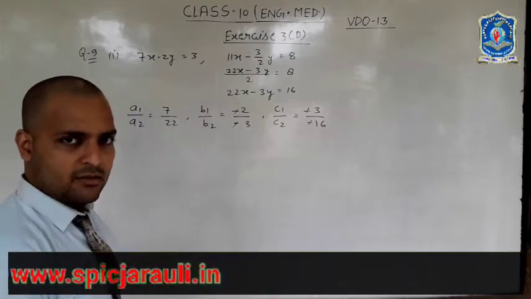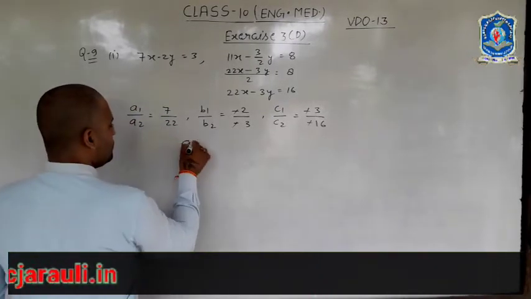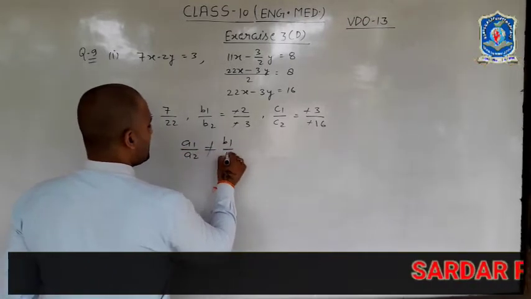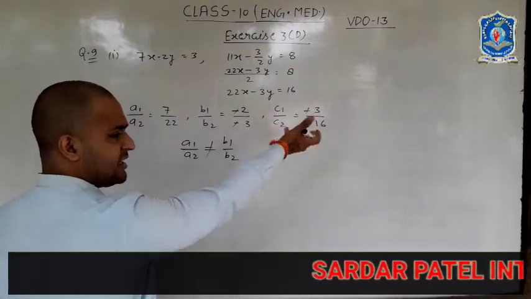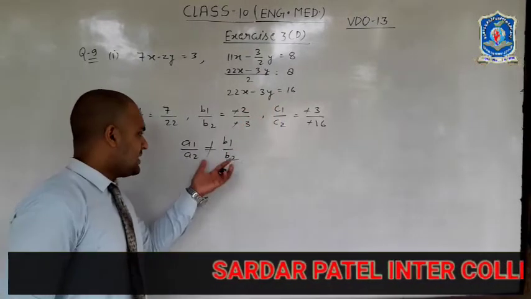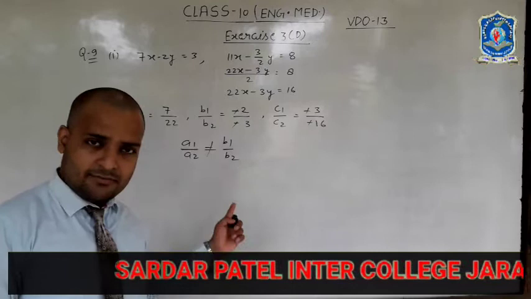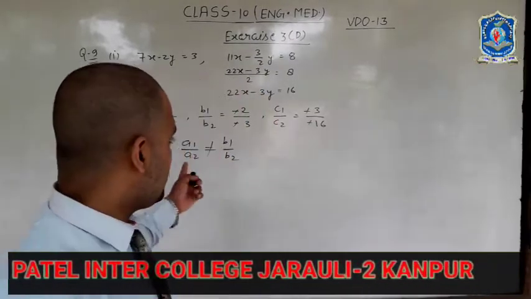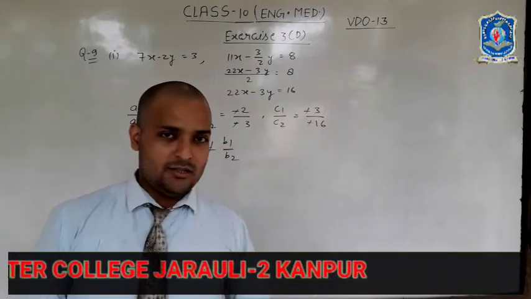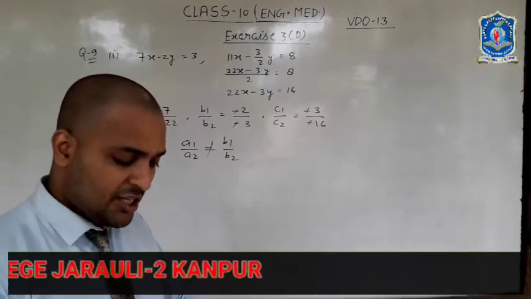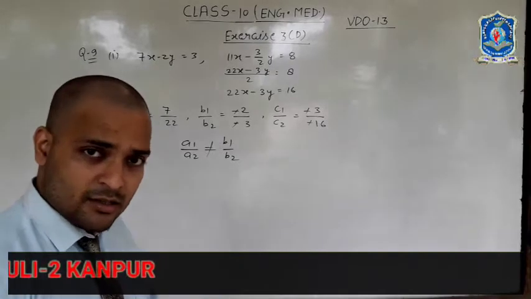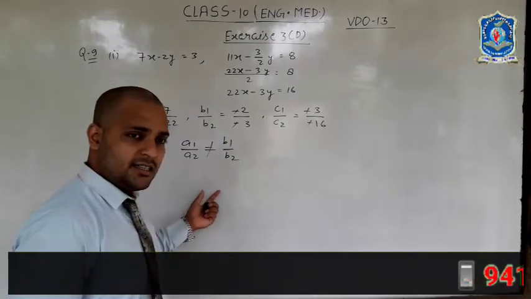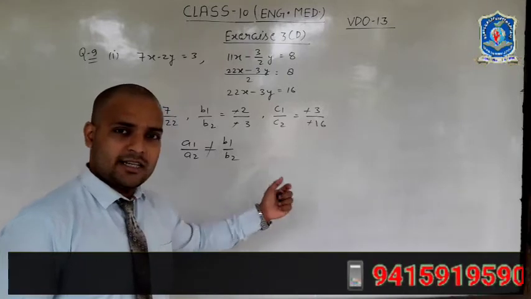Now a1 by a2 is not equal to b1 by b2, and it is not equal to c1 by c2. That is the first condition, and in the first condition the lines intersect and this simultaneous equation has a unique solution. In question number 8 we have to solve it here and write that the lines are intersecting.